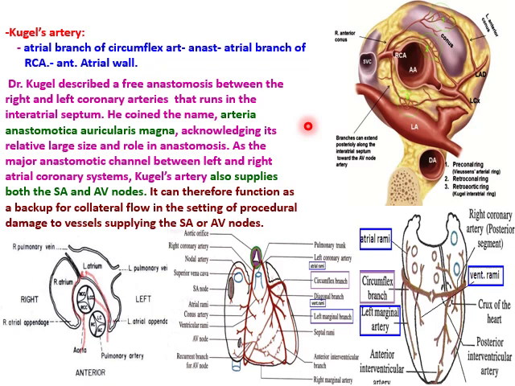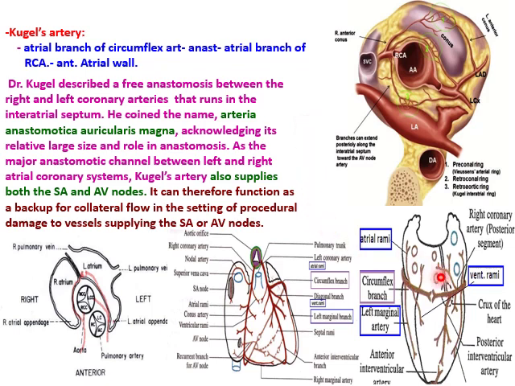And at the very minute divisions of these coronary arteries, at that level, there is a little bit of potential anastomosis happening between those branches.